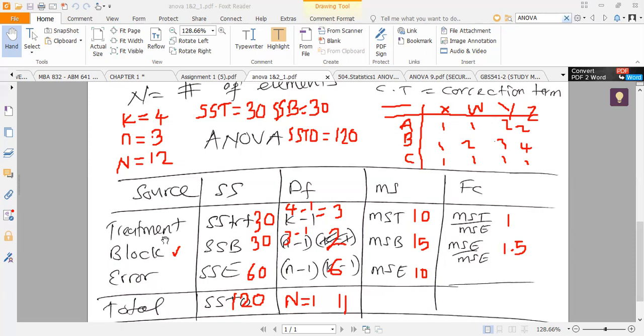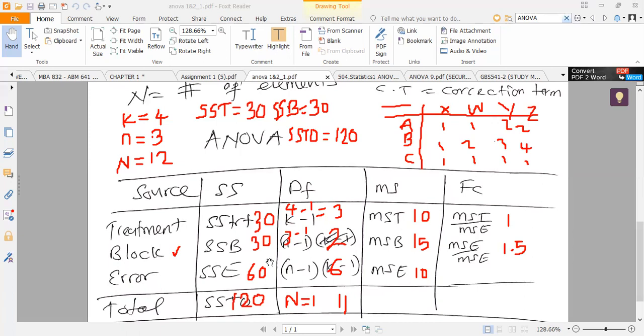The acronyms stand for the variables that are being given. So this is MSB, the mean square block. When we multiply the 3 times the 2, we get our 6. So when you add all these, we're going to get our n as 11.